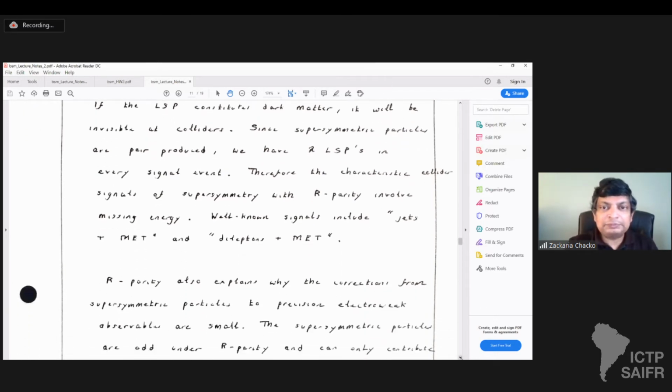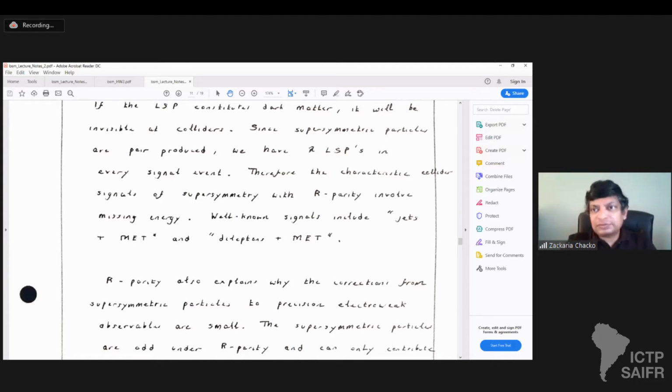So the characteristic collider signals of supersymmetry with R parity involve missing energy. This is why there's so much attention being paid at the LHC to signals with missing energy, historically, because that's the classic signal of supersymmetry, and it's also, of course, the classic signal of dark matter.